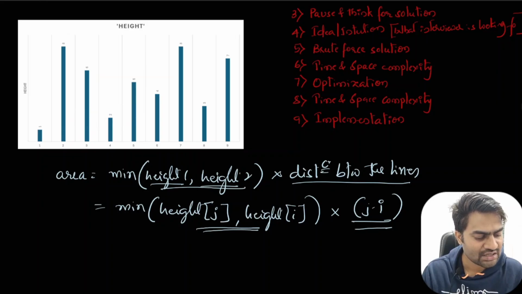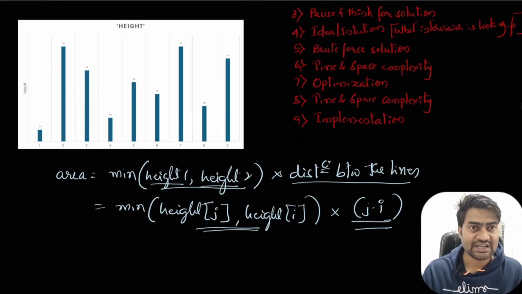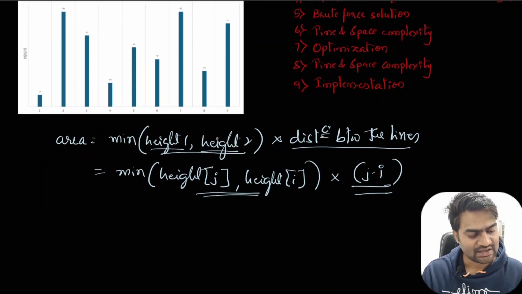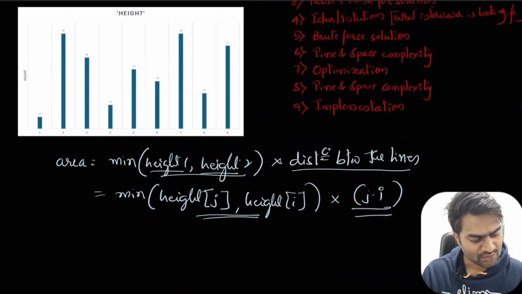And somewhat between all the lines. So this I need to do by taking this height first, then this height, then this height, then this height, then this height, and so on till I finish all the lines. Okay, with that, now let us try to see how we do that.